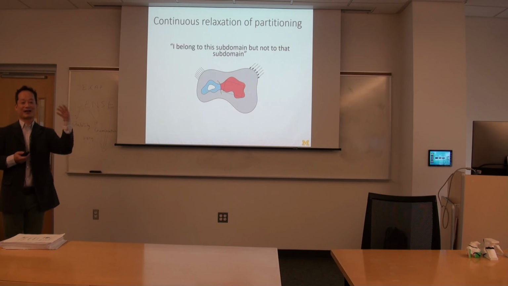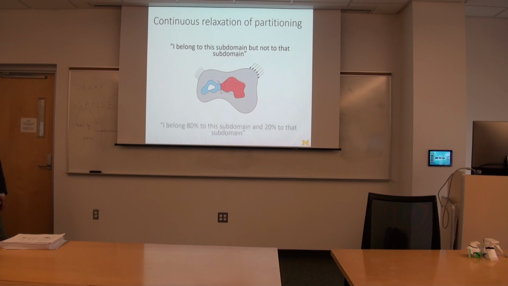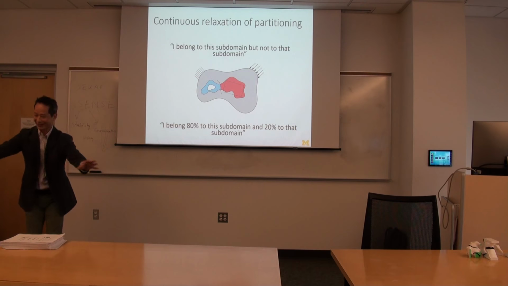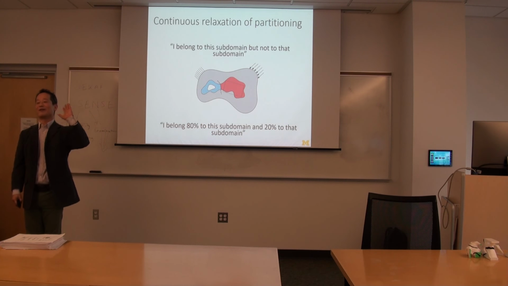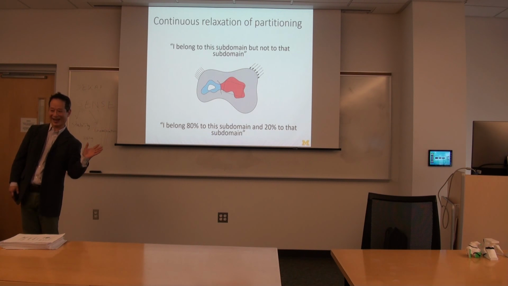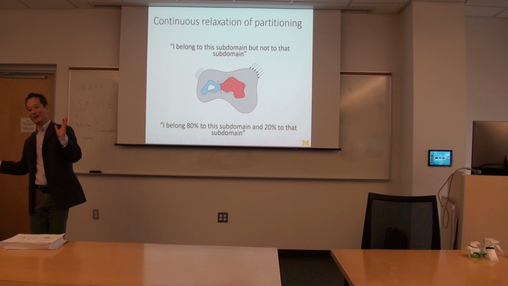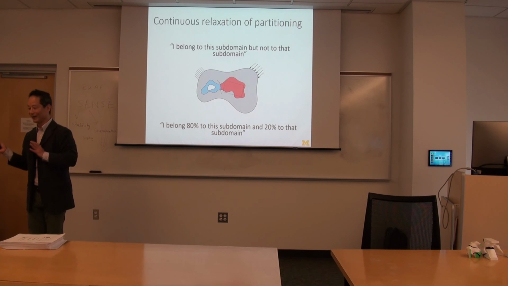But at some point I realized, what's wrong with saying this? I, being a little part of the potato, could belong 80% to this subdomain, this component basically, and 20% to that subdomain, that component. I, being somewhere in the domain, could fractionally belong to component A and component B. By the same token, components C and D and E and F all together.